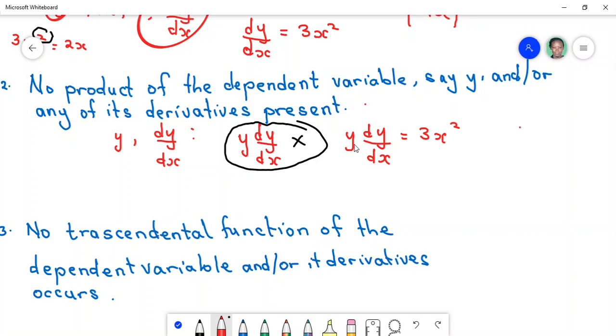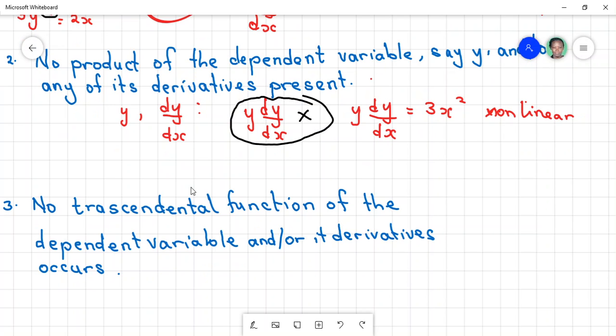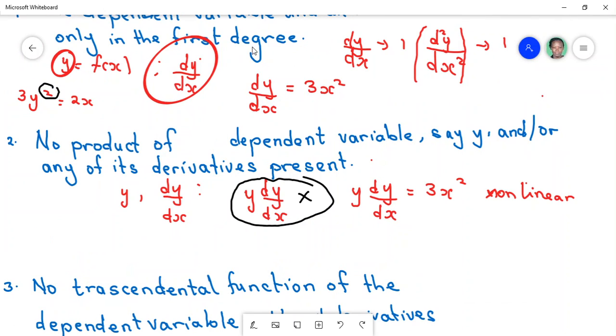You realize that you have the dependent variable multiplying its derivative, so we can't say it is linear. It becomes non-linear here. So when you are given a differential equation, the first thing to check is: are the dependent variable and its derivative in the first degree? Yes. Then the next thing to check is: do I have the dependent variable multiplying the derivative? No. So this differential equation passes.